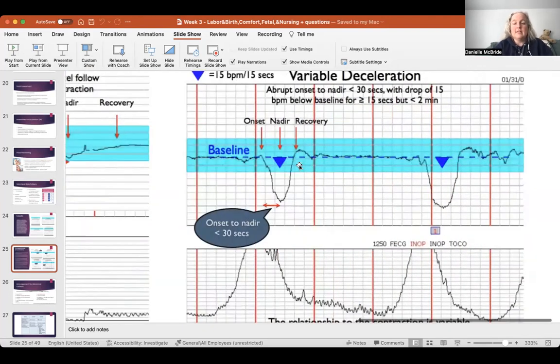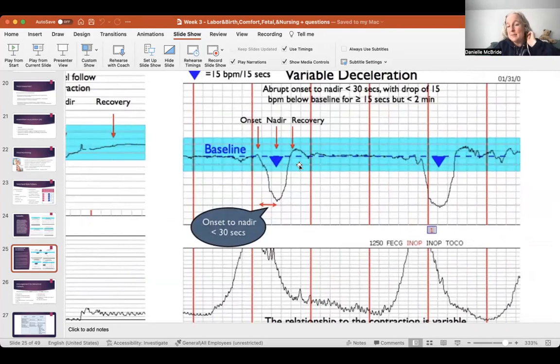A variable deceleration is not the same as variability. Okay, it just means that the timing of it is variable because it's not related to the contraction. A variable has an abrupt onset, and it is going to also be at least 15 seconds to the nadir, and go down at least 15 beats.